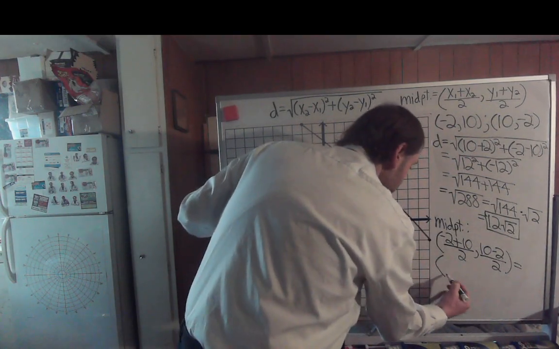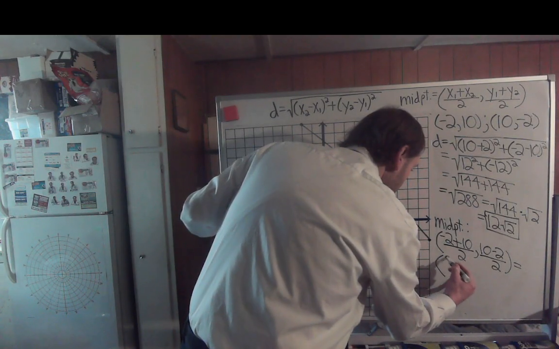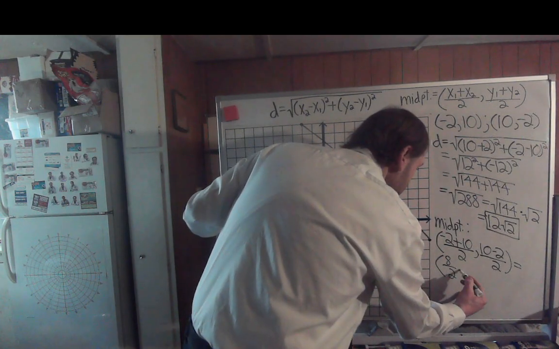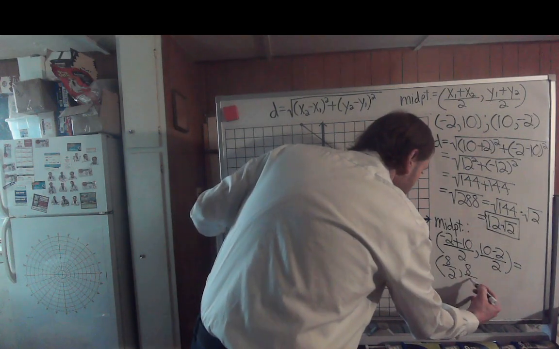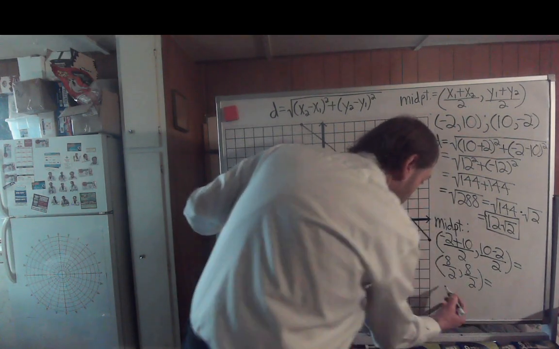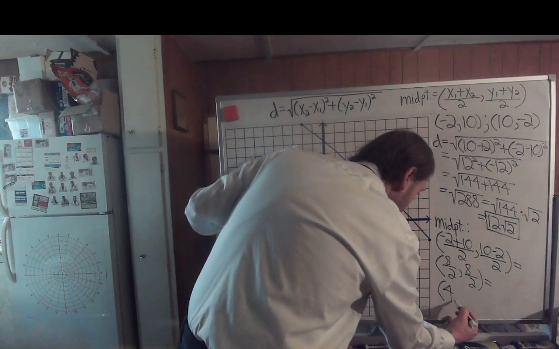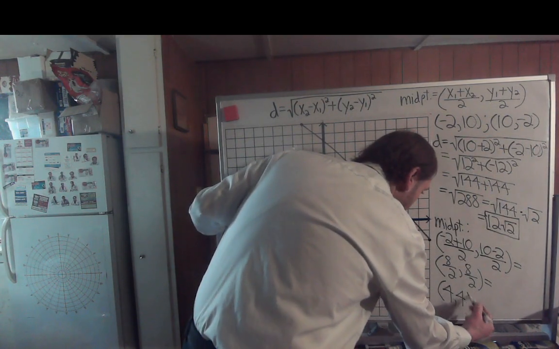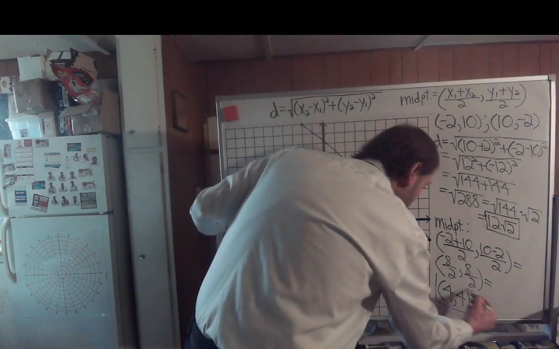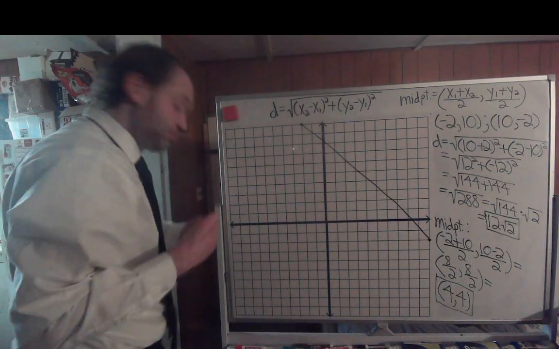Well, this would all simplify into 8 over 2 and 8 over 2, which would basically put my midpoint at 4, 4. So the midpoint of these two points would be at the point 4, 4.